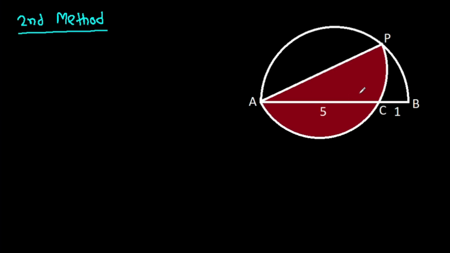If we join BP, then this angle will be 90 degrees. And now, in any circle, the radius and tangent are perpendicular to each other.